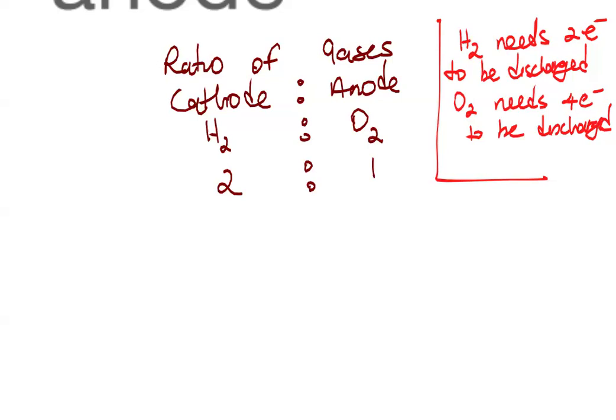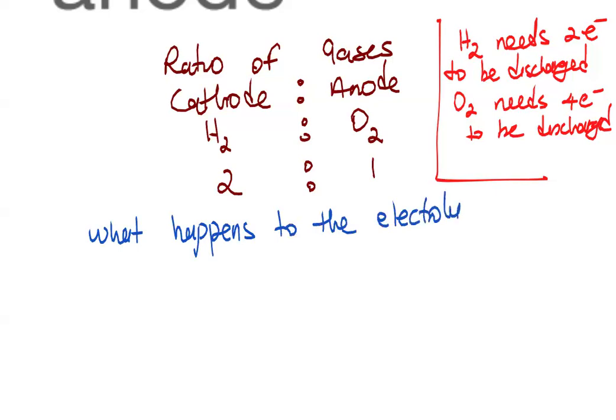Okay, next they're going to ask you this if the question is difficult, because students often would not get this part. What happens to the electrolyte? When we do electrolysis, we had these ions in there: H plus, Cl minus, H plus here, and OH minus.